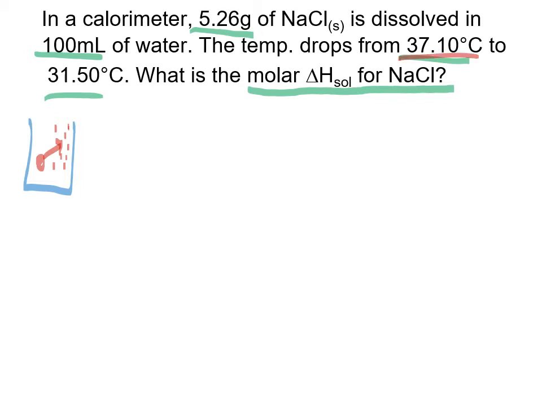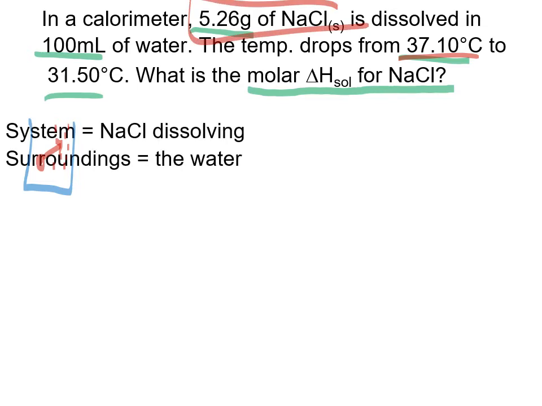And we have a particular amount, so we've got to factor that in as well. We'll look at two ways of solving this, but I'm going to treat the system as the salt dissolving, because that's the molar heat of solution I'm looking for, and the surroundings in which it's occurring is the water.